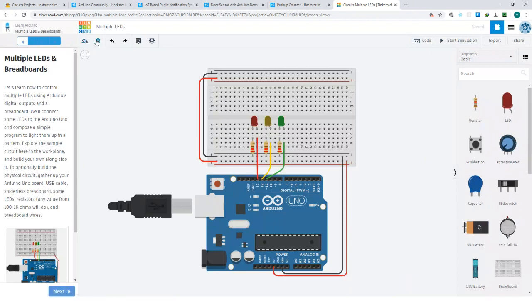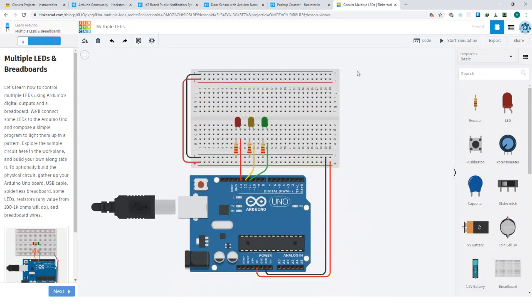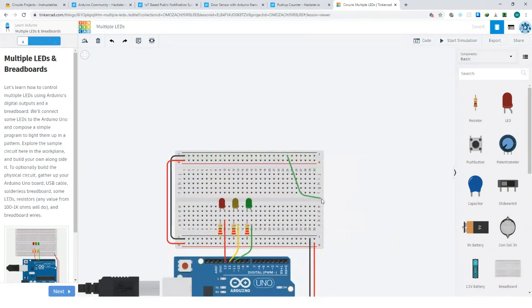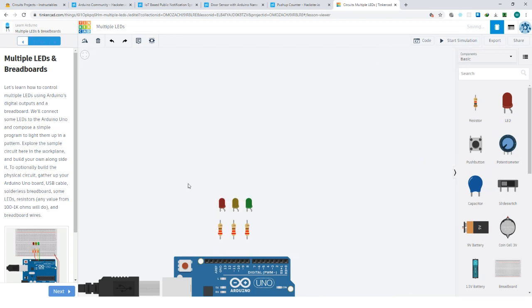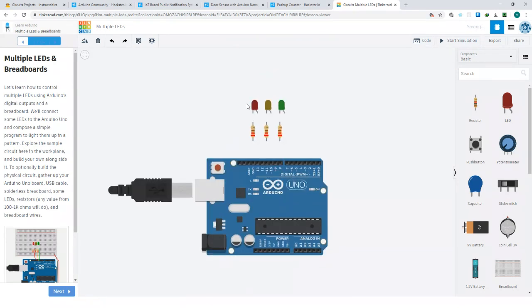So let me just delete all this, and let me just pick this. Let me delete this so that we start afresh.